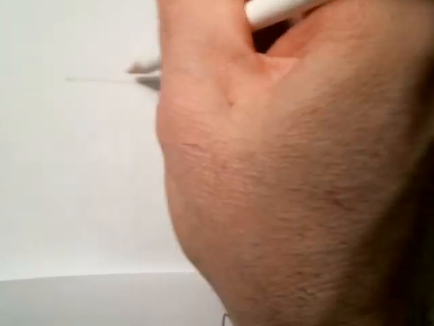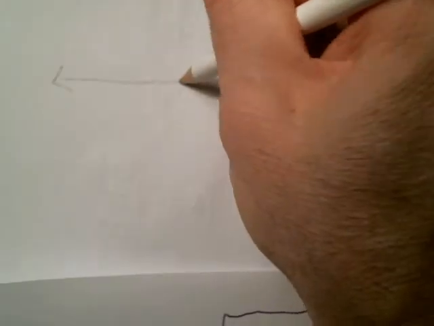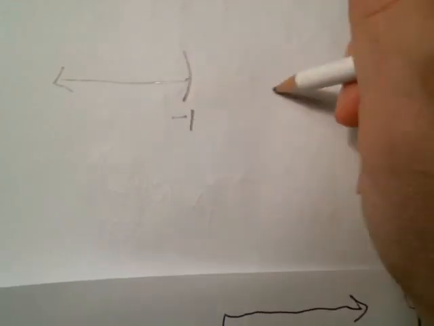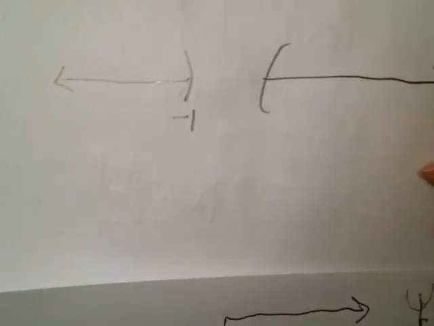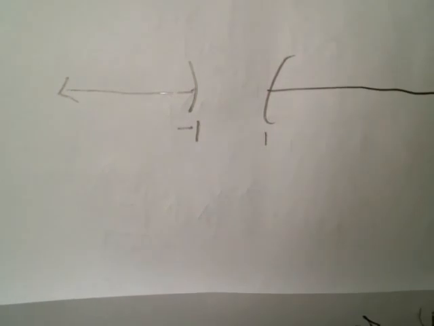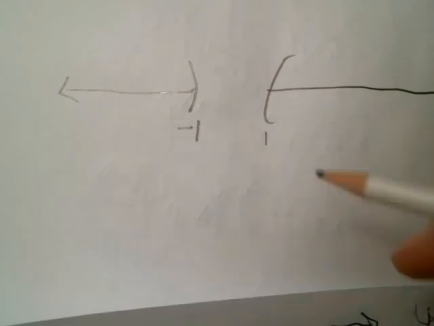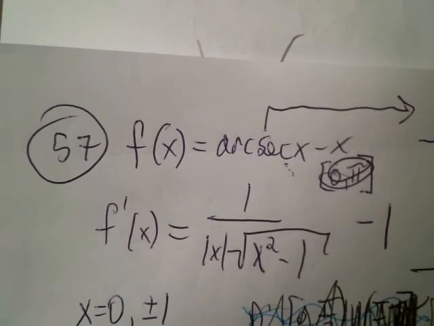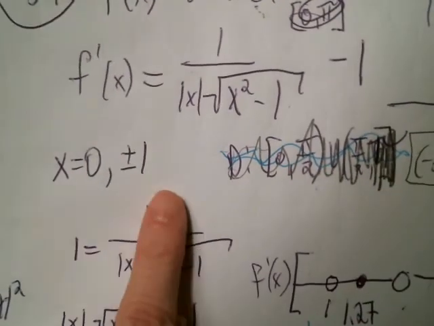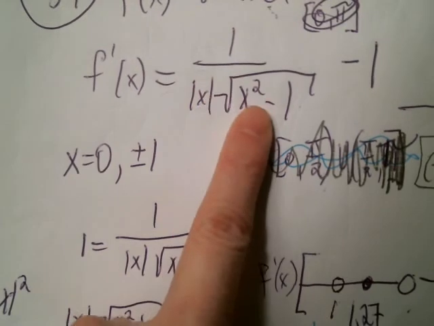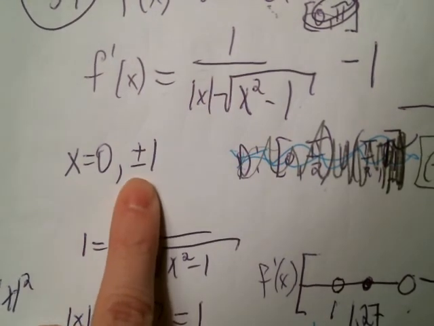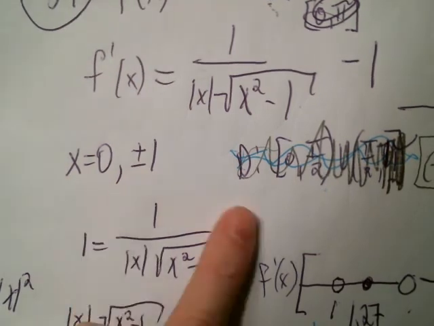It's going from negative infinity to negative 1, and then from 1 to infinity, right? And my critical numbers from the derivative, where this denominator equals 0, this is where it's undefined. These points are not in my domain, so I can throw those out.